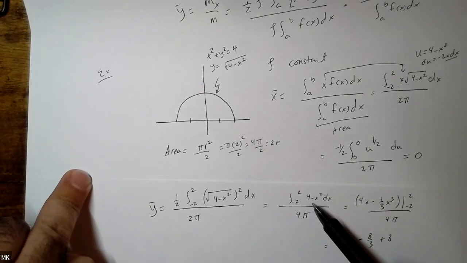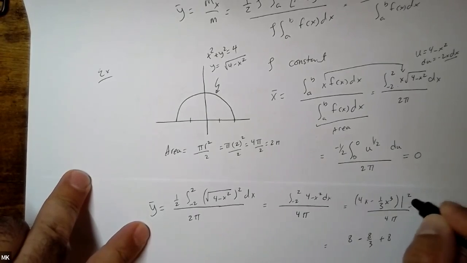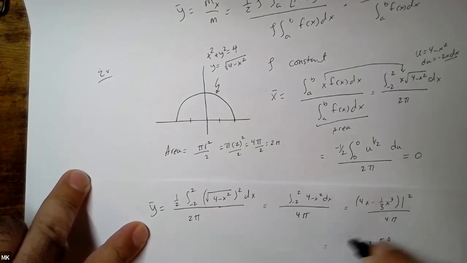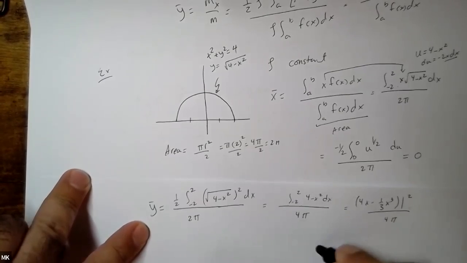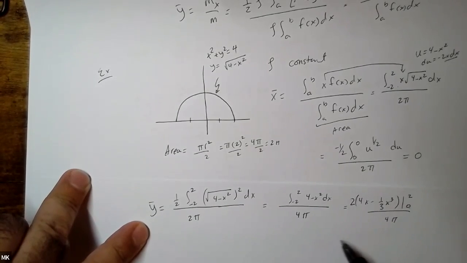You could also, because it's an even function, go from 0 to 2 and double it if the calculation becomes easier. In fact, let's do that. It became a little bit easier calculation and less room for error. So I double this and I go from 0 to 2.